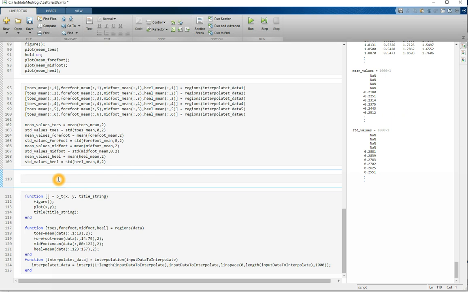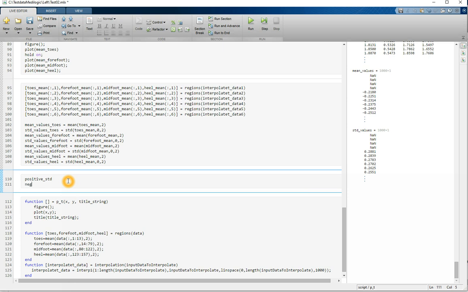The standard deviation is the value which is built around the mean, so it supports the mean plus and minus, so we have to divide it by half, and we get a positive STD and a negative STD.